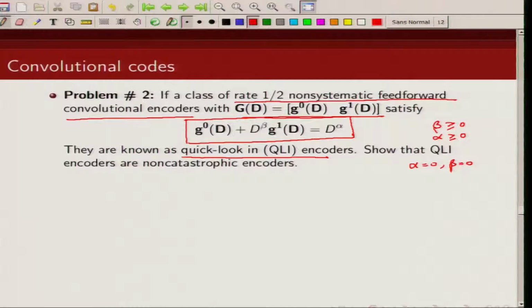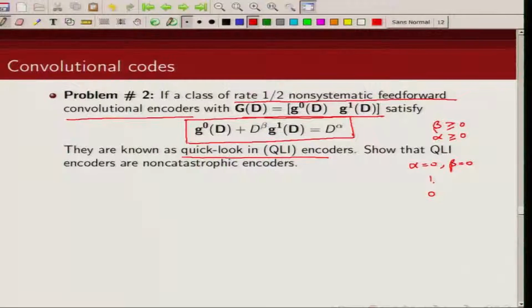Why are they called quick look in encoders? Because by quickly looking at this encoder, you can easily find the encoder inverse, and essentially the encoder inverse just consists of 2 taps. So, in some sense, for a systematic encoder, the inverse is of the form 1 and 0 for a rate 1 by 2 code, and here they are of the form 1 and D to the beta.